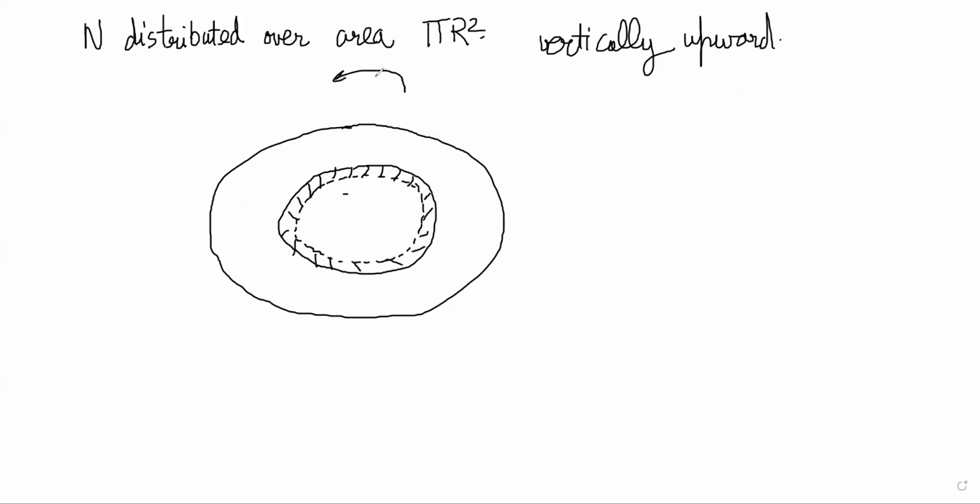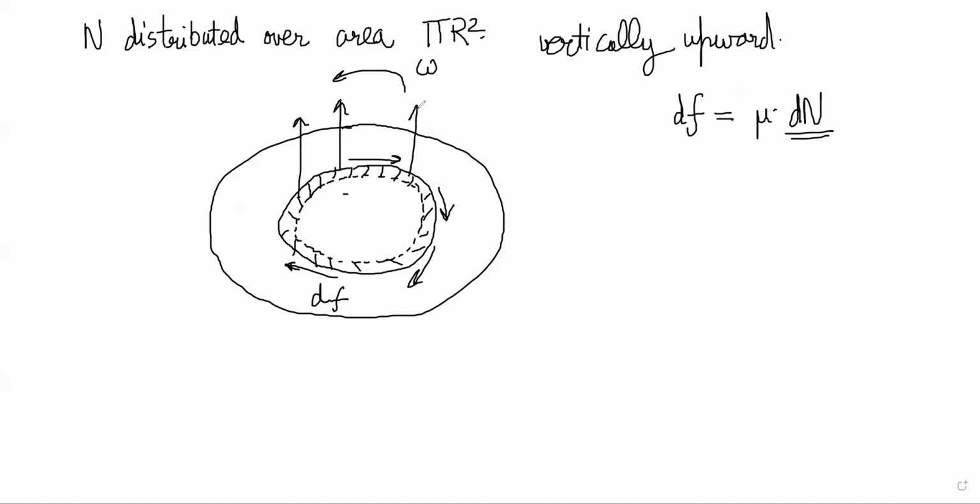Because it is rotating with speed omega, let's say, it will experience friction which will try to oppose the motion. Friction will try to oppose the rotation everywhere, right? So what we need to calculate is the value of this small friction dF. The small friction dF will be equal to mu times the small normal force on this ring. The ring experiences a small normal force upward.